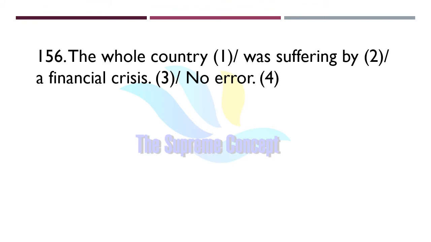The whole country was suffering by a financial crisis. Find out where exactly the error lies in this sentence. Yes, error lies in part number 2. We will use from instead of by: is suffering from. The verb suffer takes the preposition from with it.